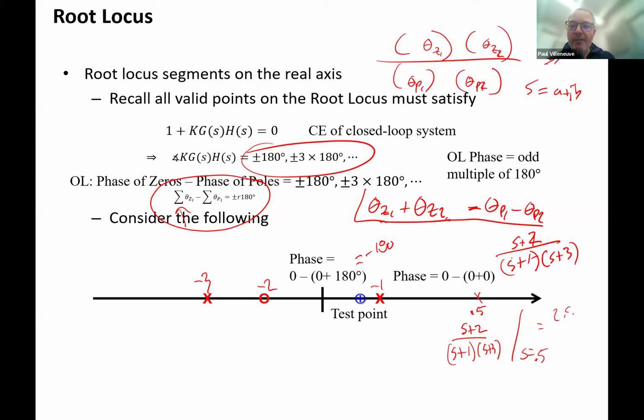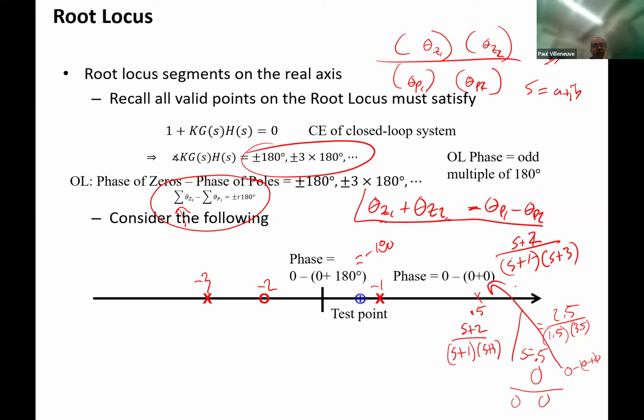So I have 2.5 over 1.5 times 3.5. What are the angles associated with 2.5? The angle with 2.5 is 0, right? What's the angle associated with 1.5? 0. What about 3.5? 0, right? So what we have is the angles 0 minus 0 plus 0. That's what we have there.